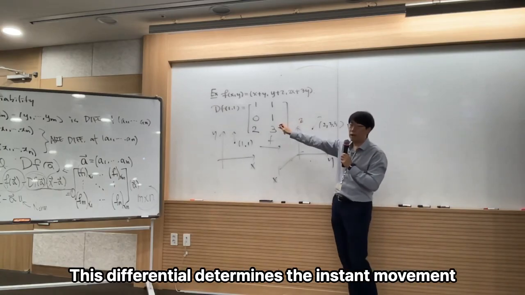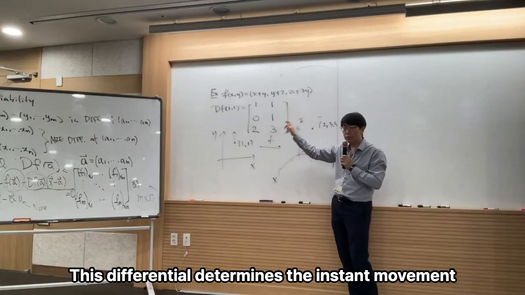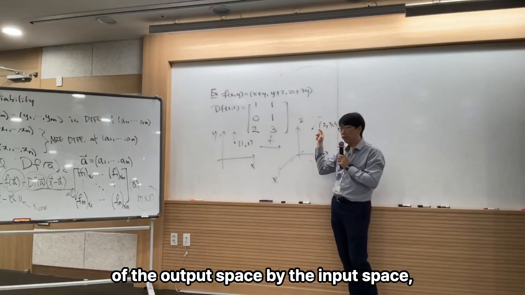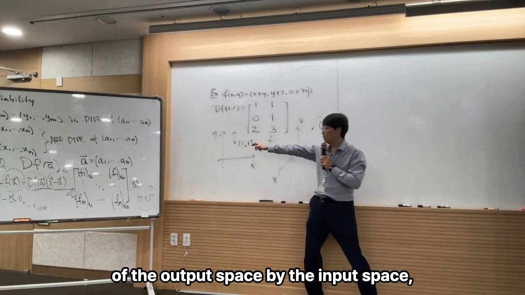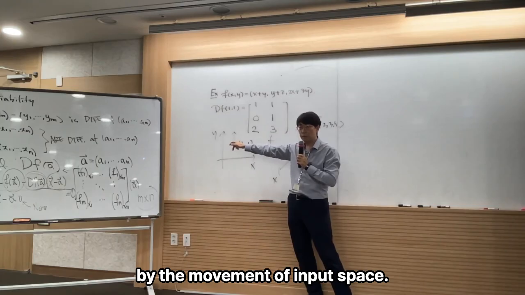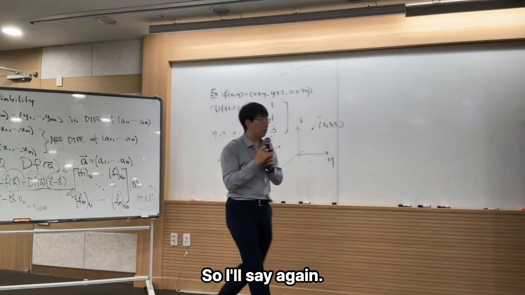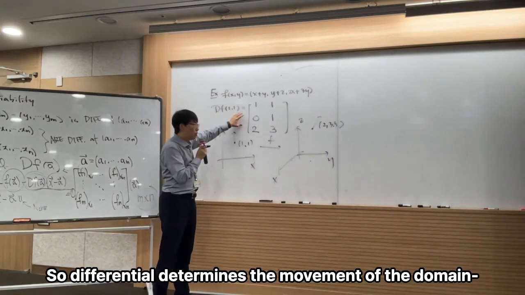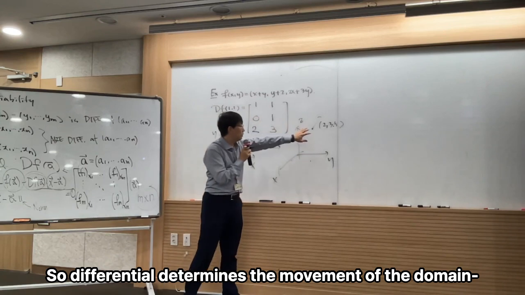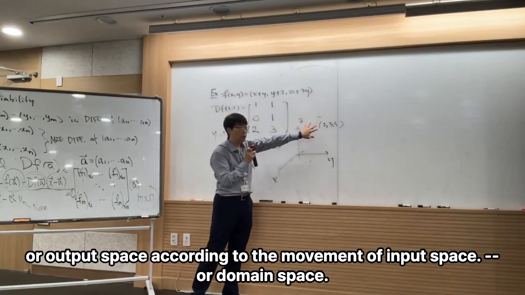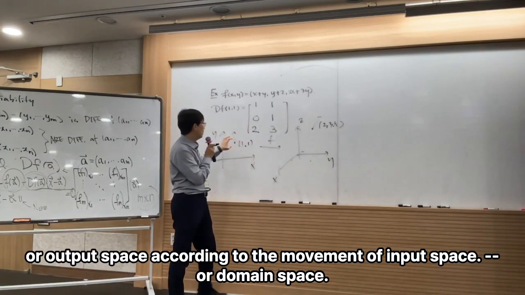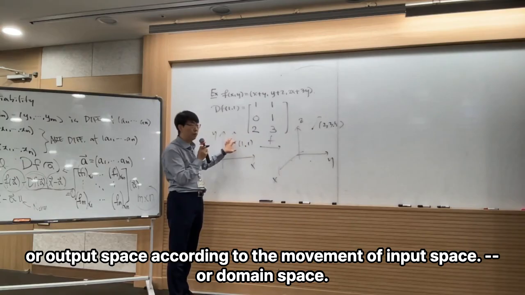This differential determines the instant movement of the output space by the movement of the input space. So I'm saying again, the differential determines the movement of the codomain space or output space according to the movement of the input space or domain space.